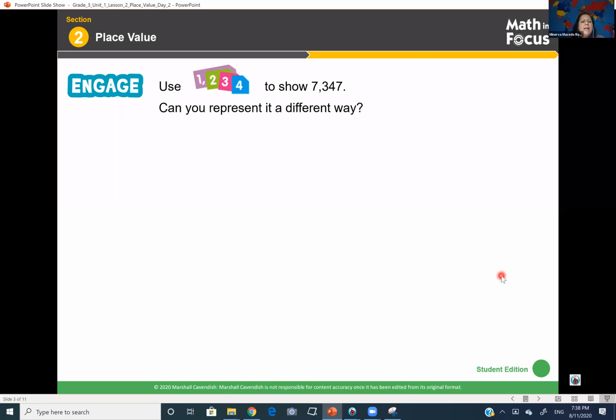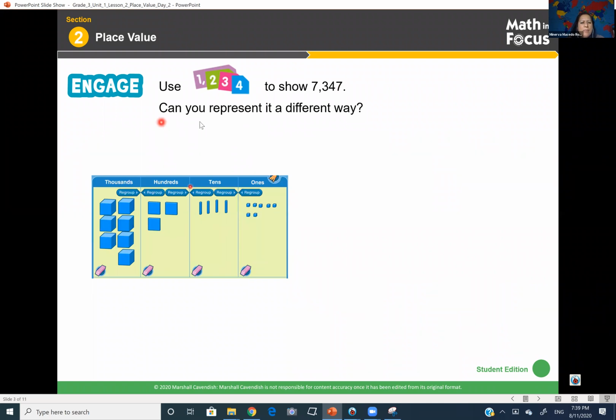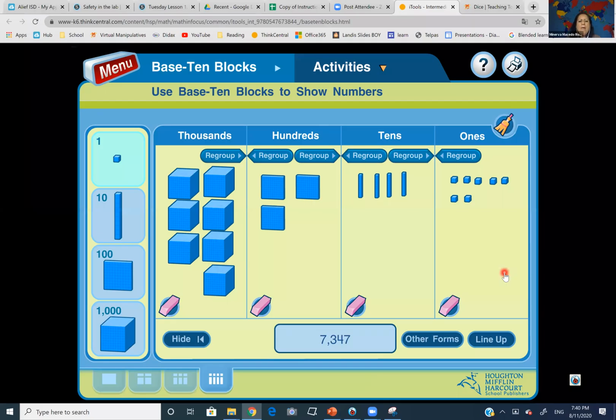Now we've already represented the number 7,347 and it looked this way. But the question here says, can we represent the same number in a different way? So let's try to represent this number in a different way. Now, I want you to notice the number is 7,347, but I'm going to start playing with the base 10 blocks to make it look different, and we're going to prove if it's the same or not.